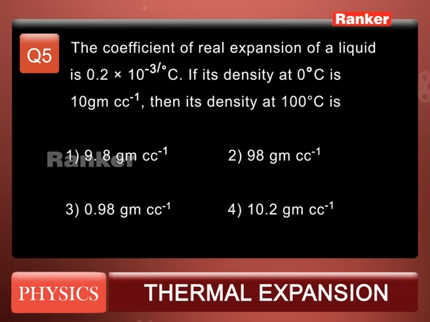First option 9.8 gram per cubic centimeter, second option 98 gram per cubic centimeter, third option 0.98 gram per cubic centimeter, and the fourth option is 10.2 gram per cubic centimeter.